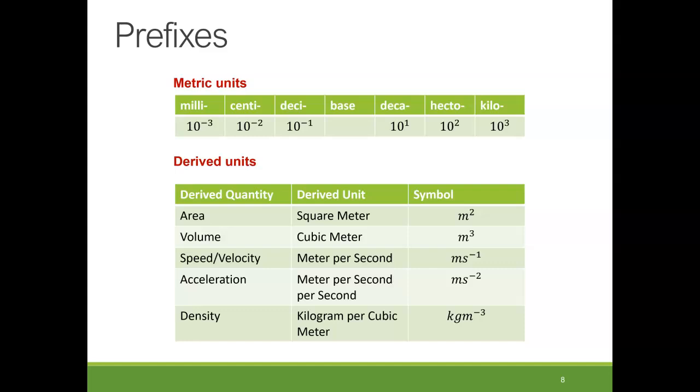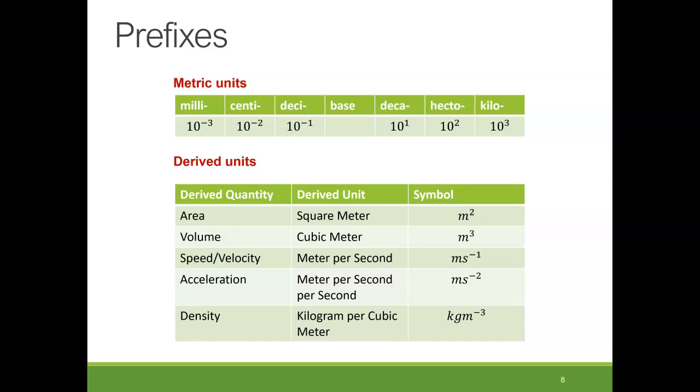So again, talking about SI units, all of our SI units would be metric units. One of the advantages of metric units is that, aside from time anyways, they are base 10. So we can use these prefixes to indicate a factor of 10 difference.